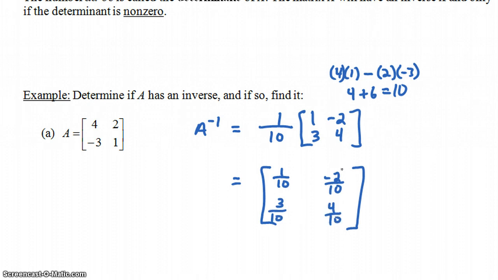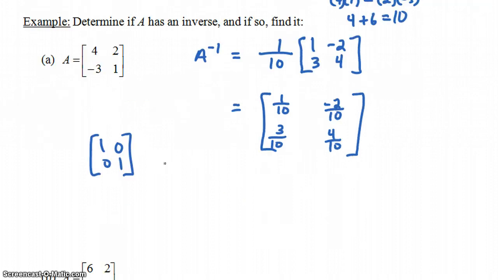You could simplify these, so negative 2/10 is really negative 1/5, and 4/10 is really 2/5, but this is the matrix A inverse. Now how could you check your answer? Just multiply A times A inverse and you should end up with the identity matrix. I'm not going to do that in this video, but you can check it for yourself.